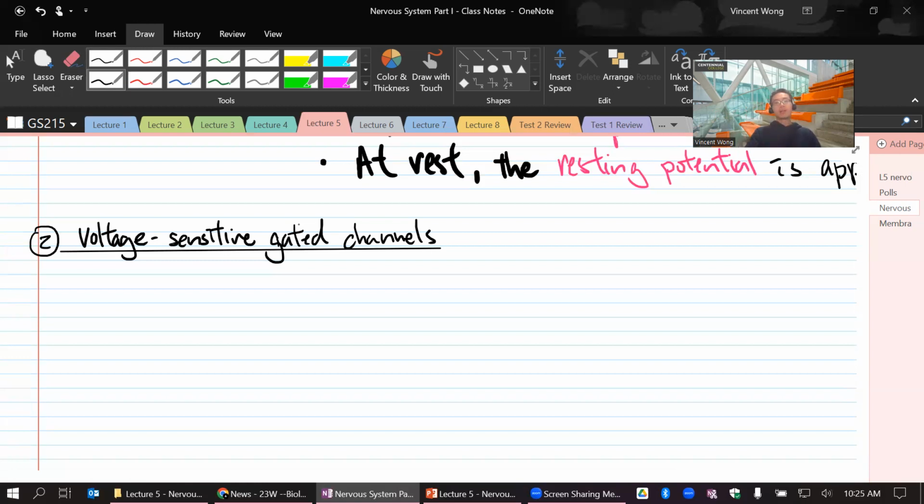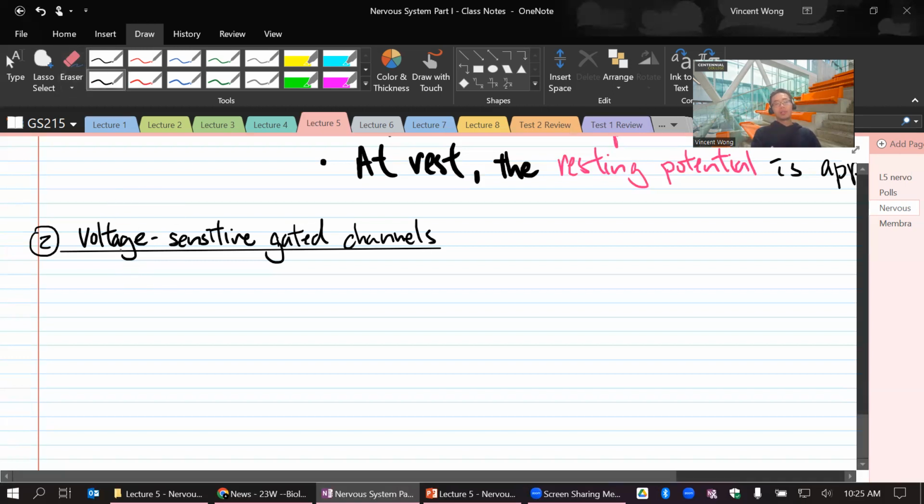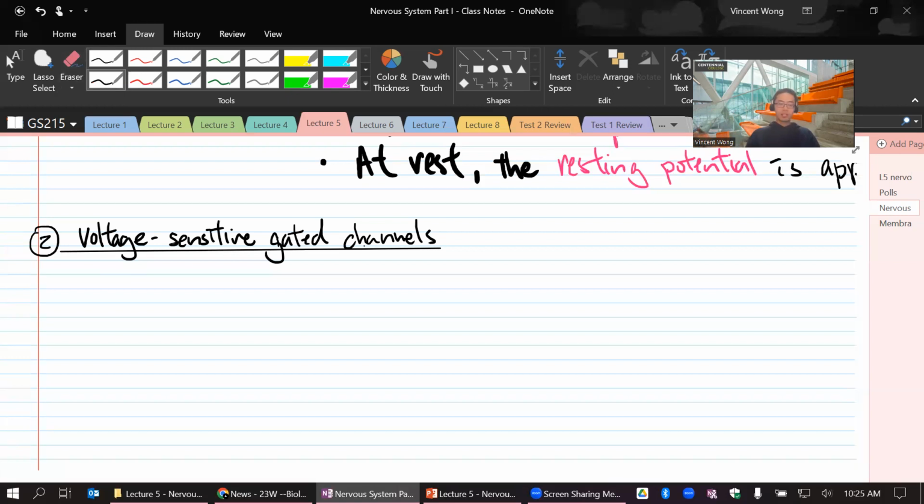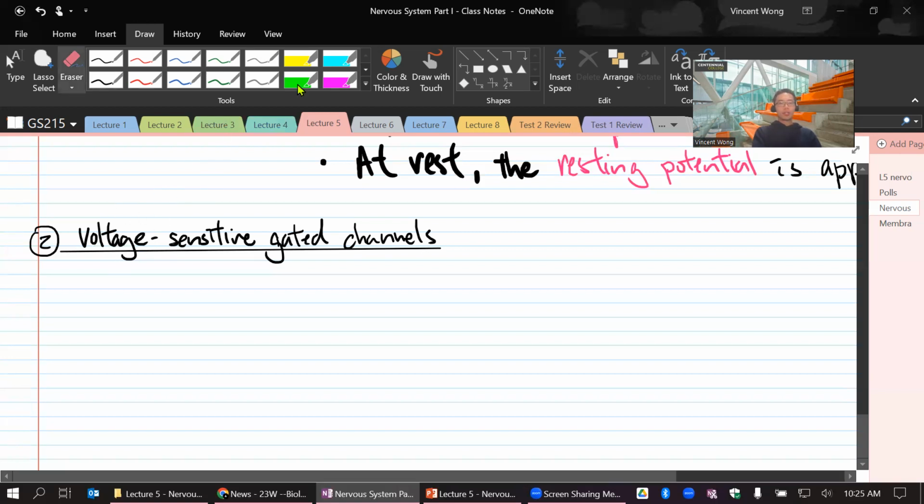In this case, they are sensitive to voltage. So the membrane voltage, the membrane potential will decide whether the channels are open or closed. There are other channels that are controlled by other things. Some are controlled by pressure. Some are controlled by the presence of certain chemicals. But in this case, they are controlled by voltage.